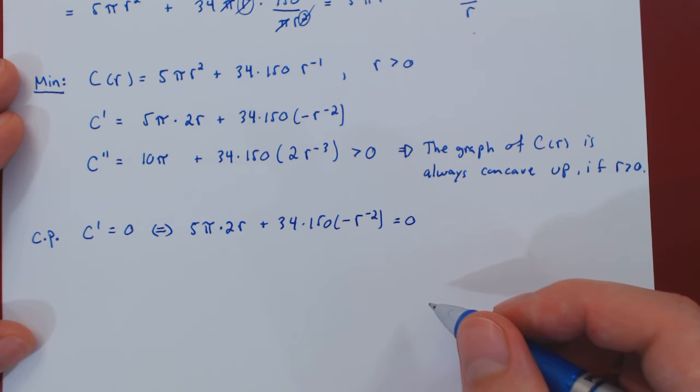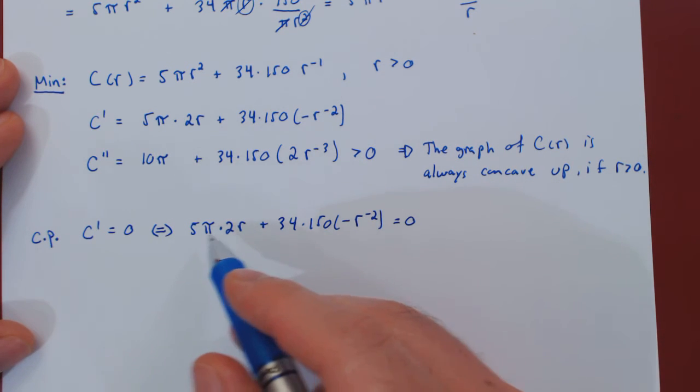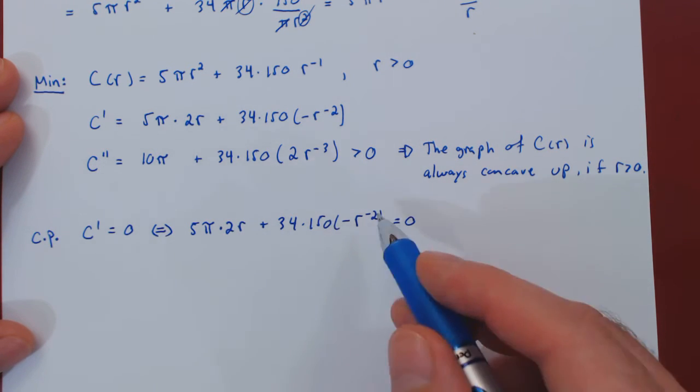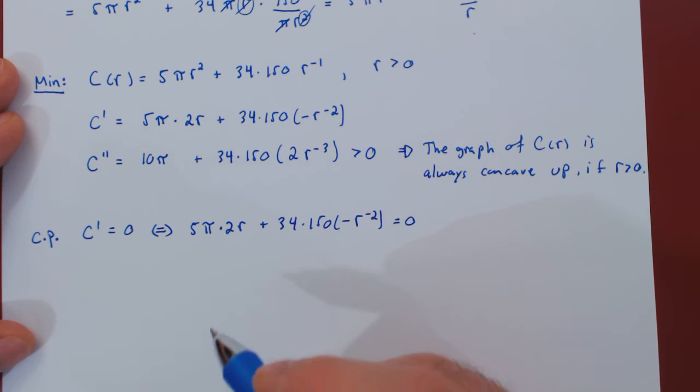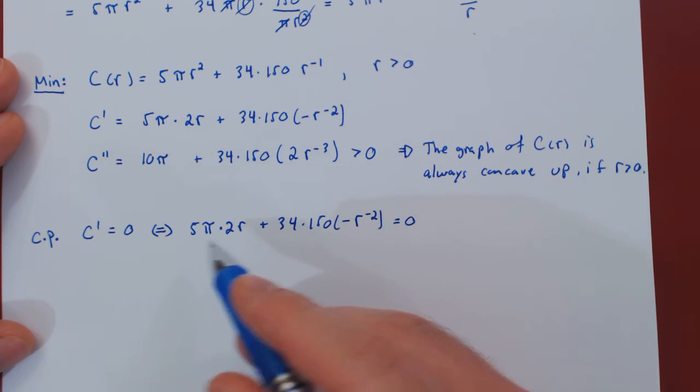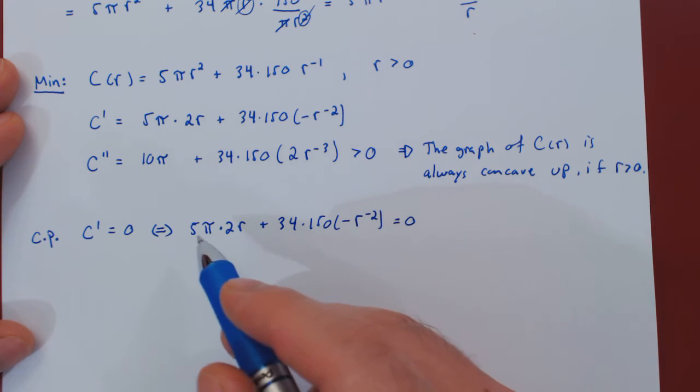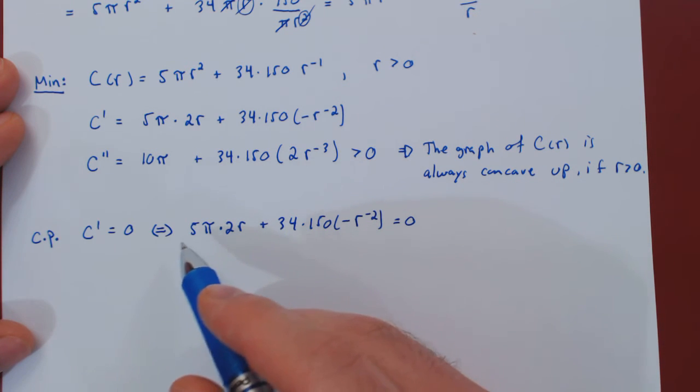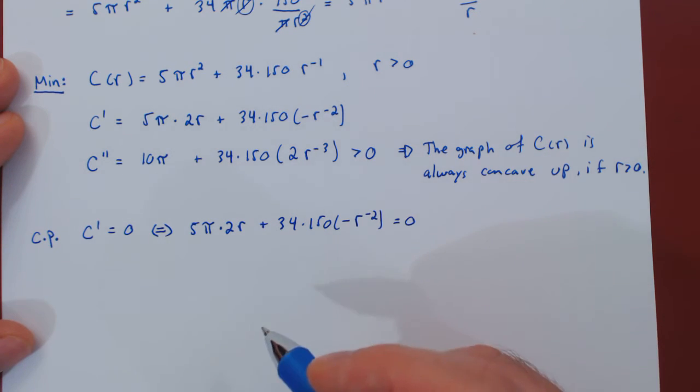And now we can solve for r. Both are multiples of 2, so we can cancel a 2 across, but both are also multiples of 5. So we can divide across by 10 to make things quite nicer.